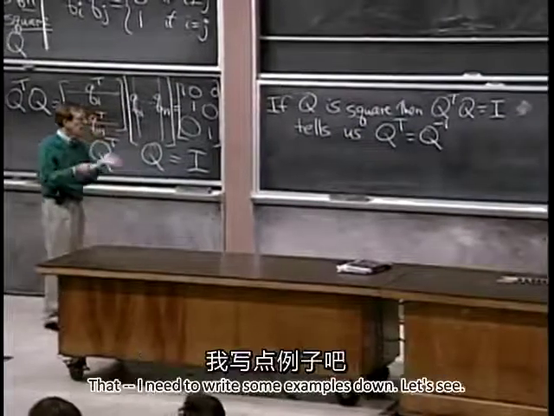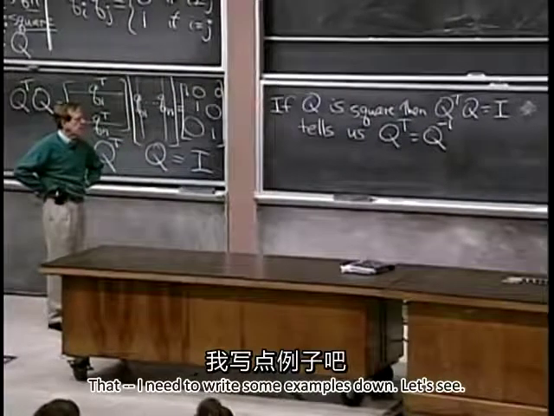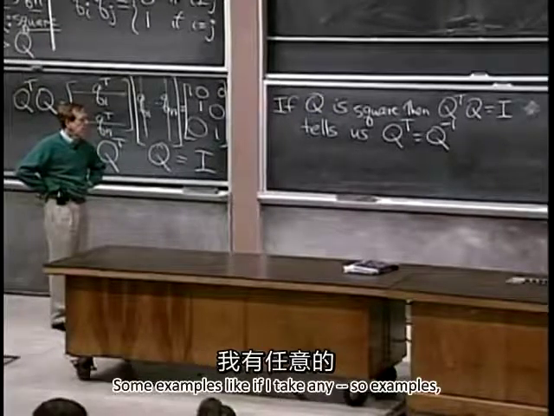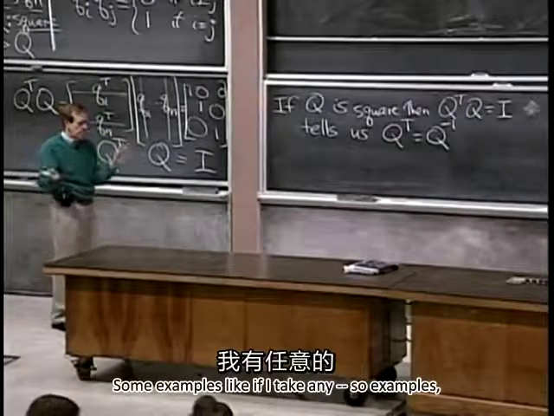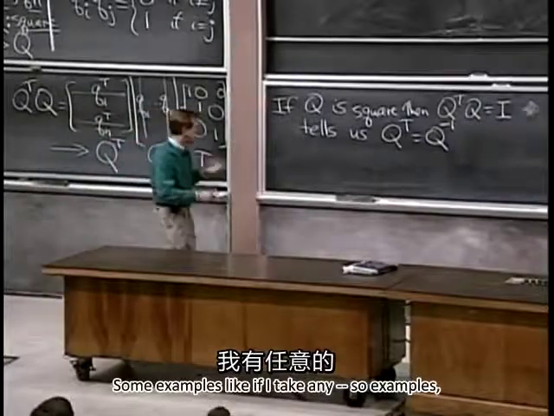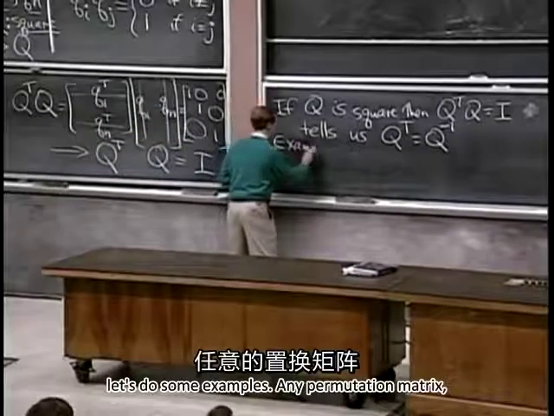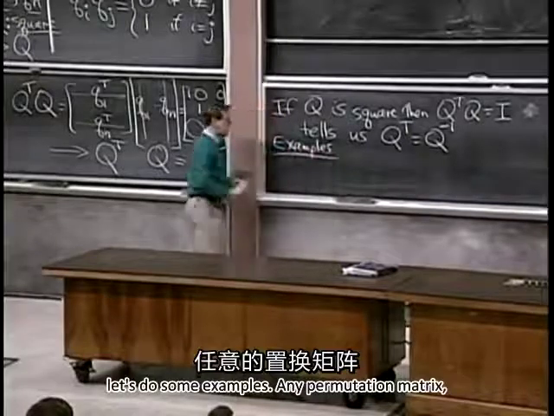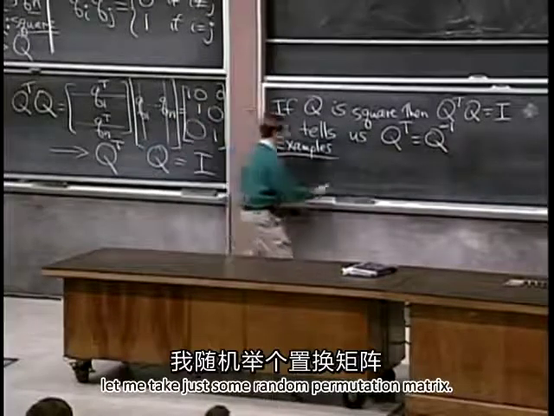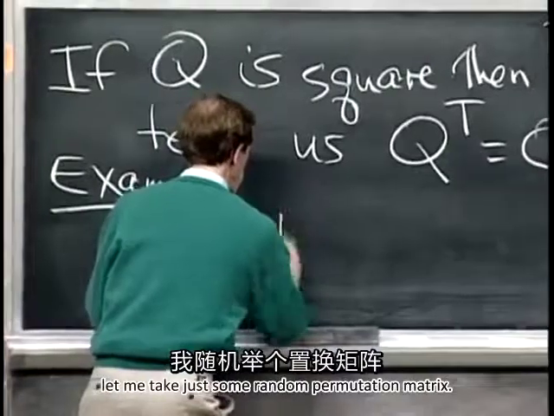That I need to write some examples down. Let's see. Some examples, like if I take any permutation matrix. Let me take just some random permutation matrix.